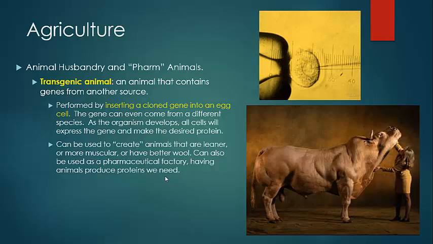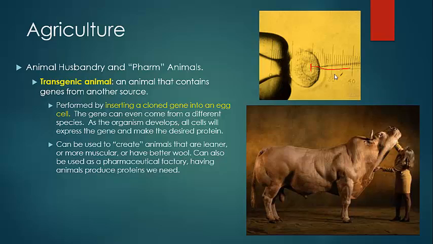We are also today creating farm animals that are transgenic. They are animals that contain genes from other sources. These are animals that have been genetically engineered. You can see that we can genetically engineer animals by inserting a cloned gene into an egg cell. This is done using that microscopic needle that we just talked about.